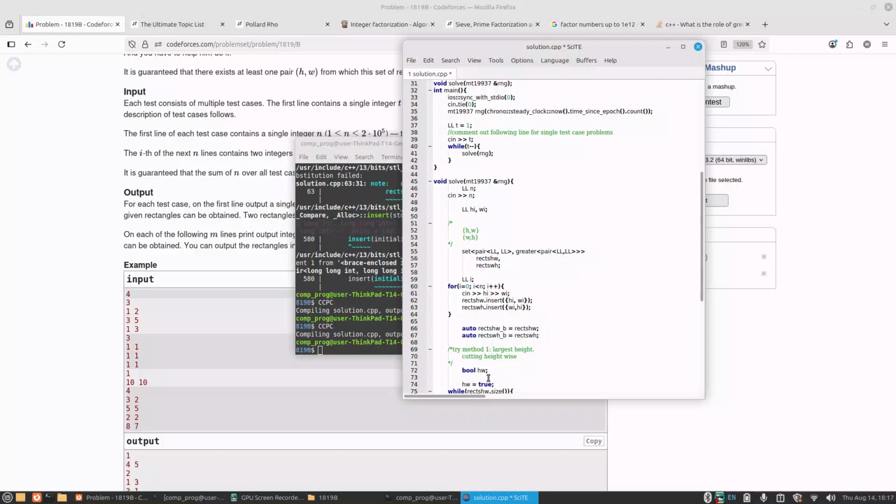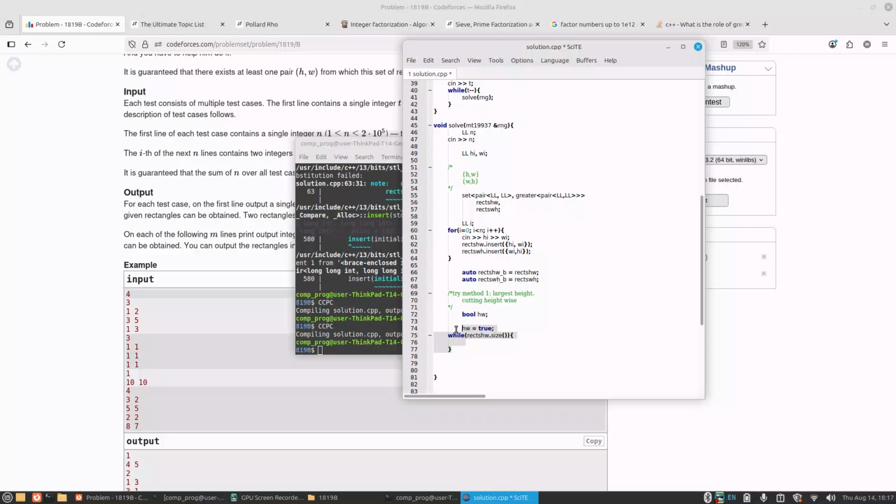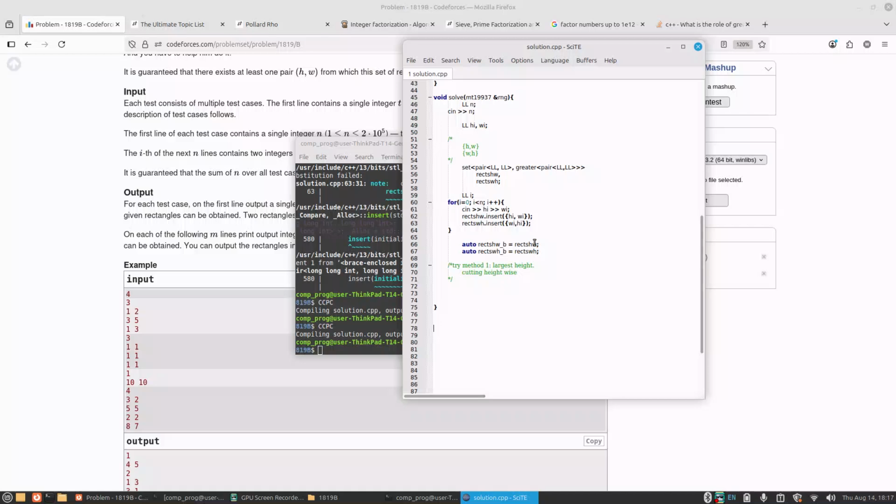Yeah, it's easiest to do this recursively. Yeah, and we're returning a long set.